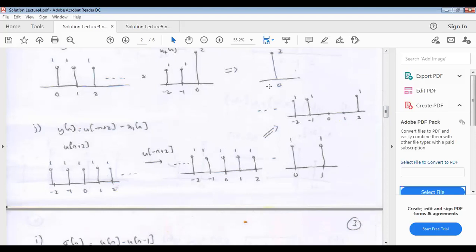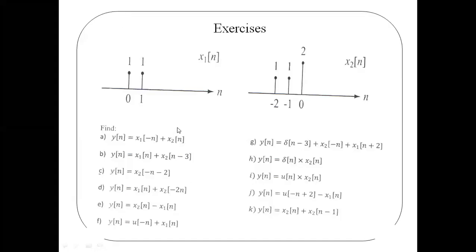So this is the solution for the exercise. I want to ensure that you really understand these operations of the discrete time signal. Is that understood?